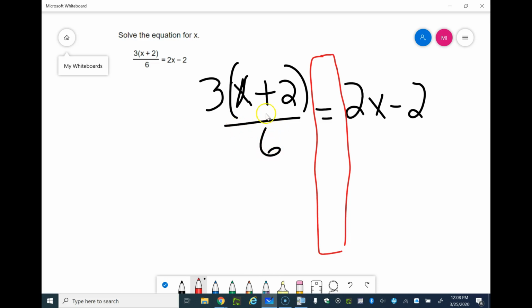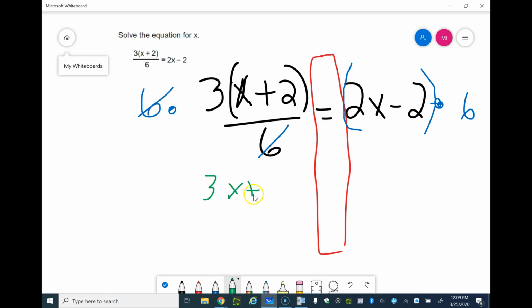Because it's being divided, we're going to do the opposite, which is multiplication. So I'm going to times this side by 6 and times all over here by 6. If it helps you, put this in parentheses so you'll know you multiply everything by the 6. That way this one cancels out with this one, and it just leaves me with the 3x plus 2.